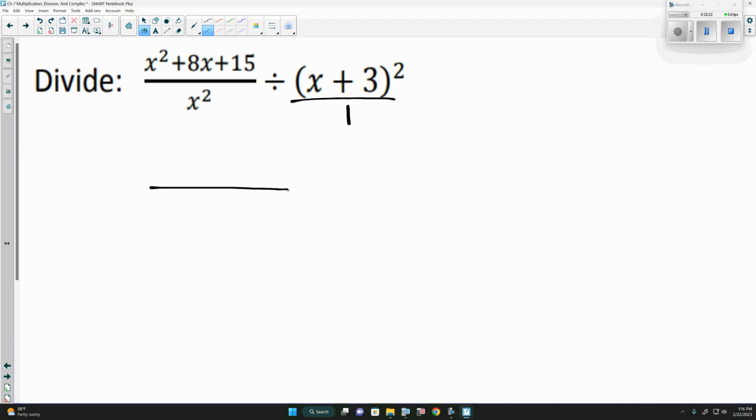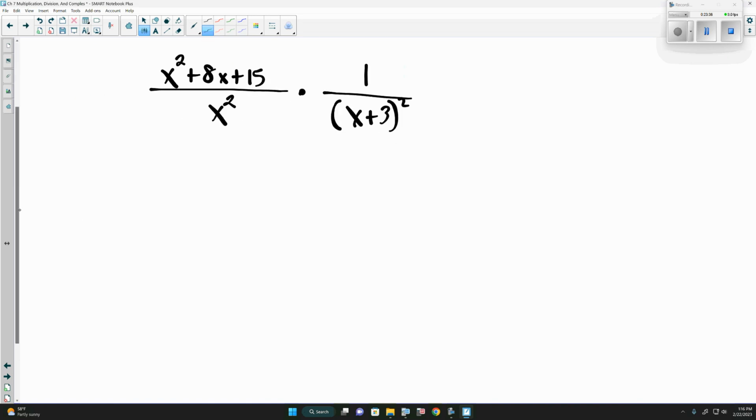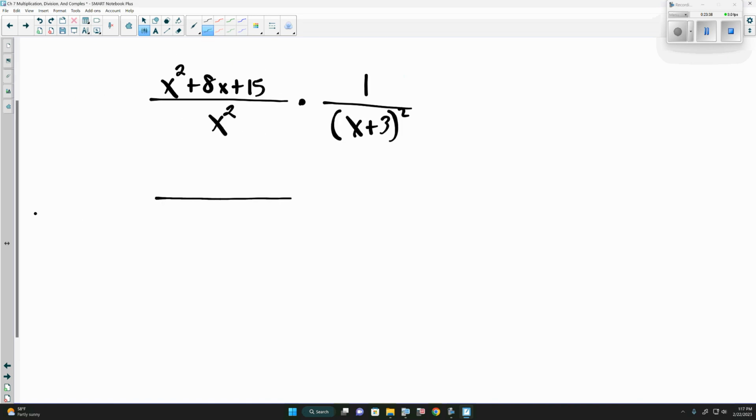So the first thing I would do is keep the first the same, change it from division to multiplication, and flip the second. Now 1 and x squared are as factored as they get. The x plus 3 squared is as simplified as it gets.